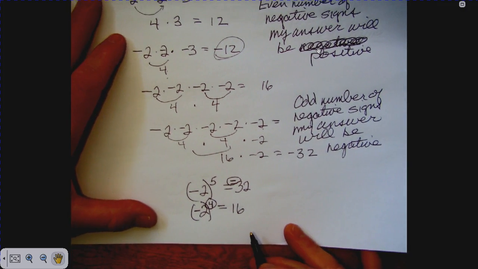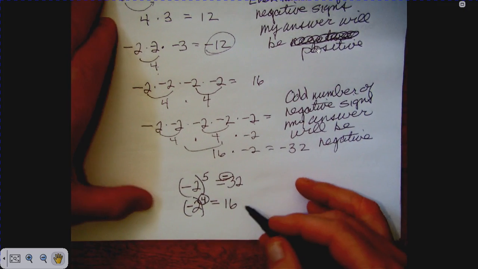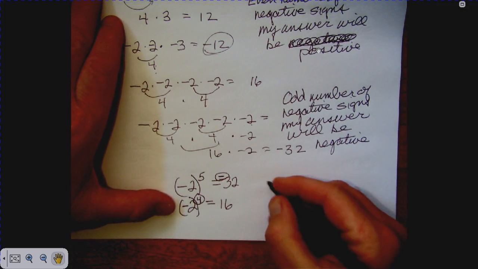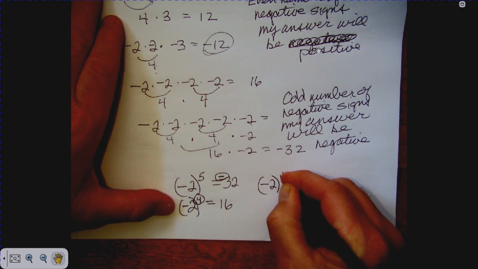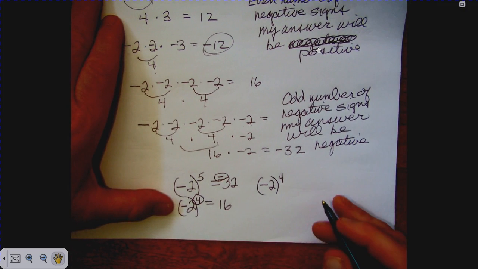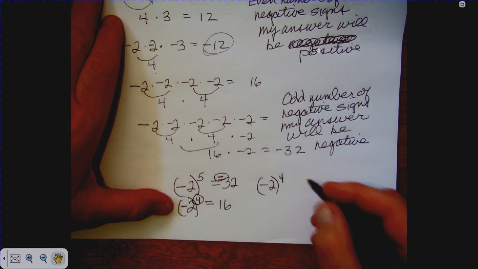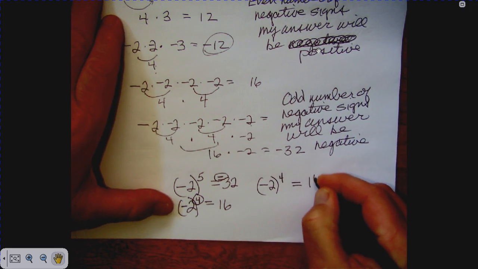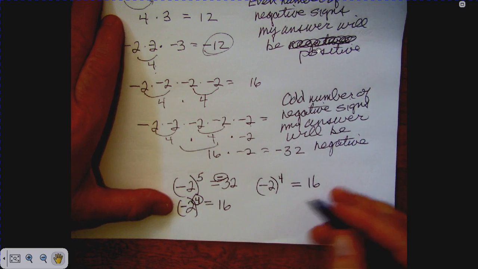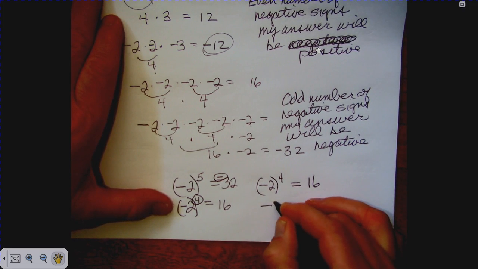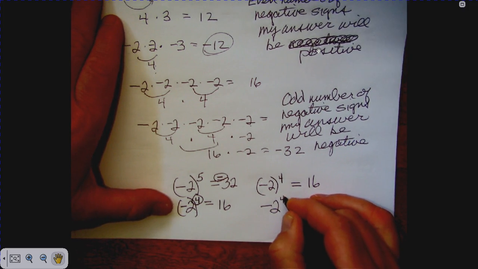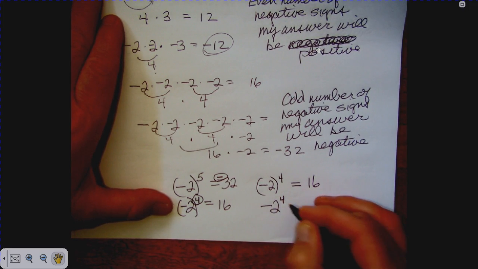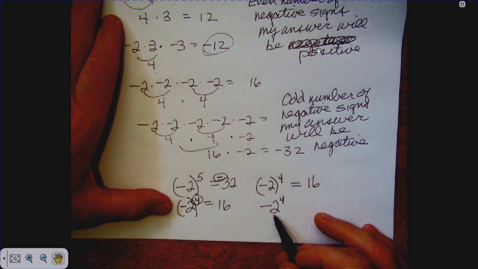Now, here's a little tricky thing that I want you to look at. If you saw how I wrote that, I wrote -2 raised to the 4th power, okay? That's -2 times -2 times -2 times -2, which is equal to a positive 16, because it's an even number. Notice, however, that if I have -2 like this raised to the 4th power, this is not in parentheses.